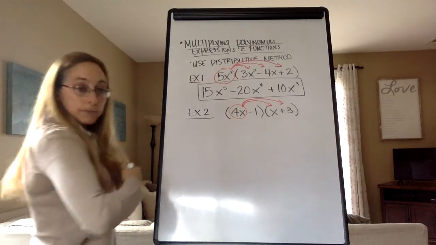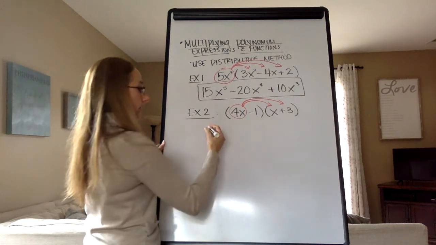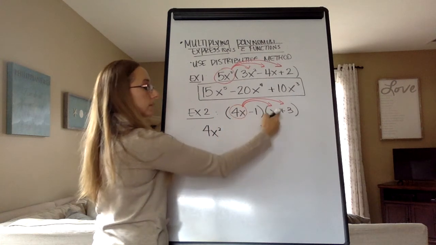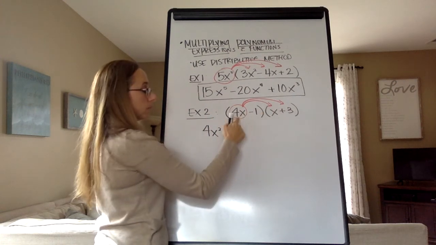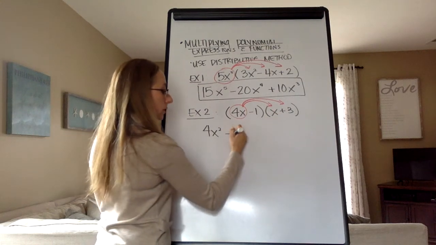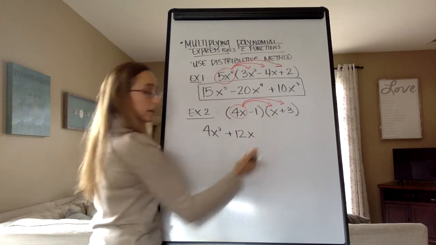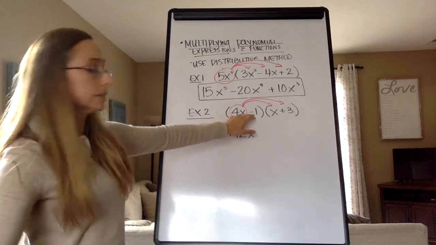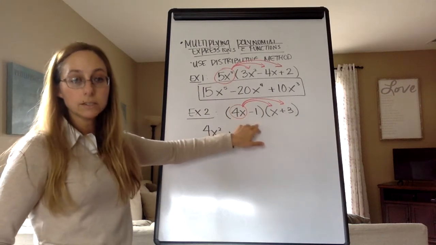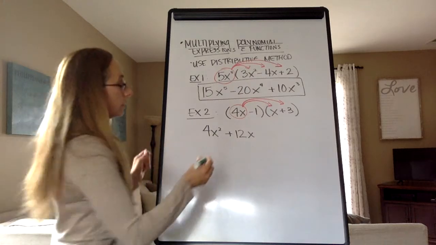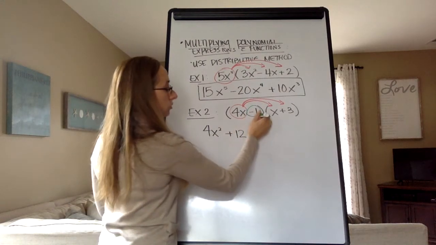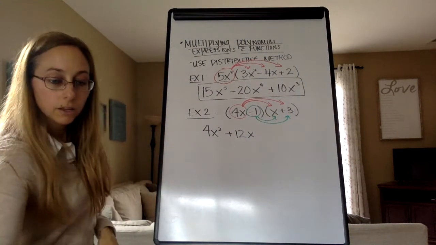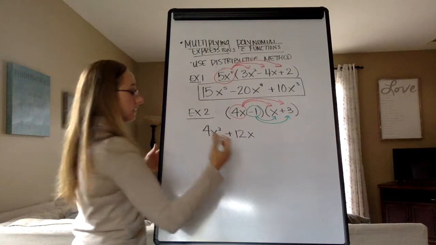So 4x times x is 4x squared, because again, you're adding the exponents. So 1 plus 1 equals 2. And then 4x times 3, 4 times 3 is 12. We get 12x. Then we're going to take our second term, this negative 1, and we're going to distribute that to every term in our second polynomial. So negative 1, distribute that to both terms. Negative 1 times x is minus x.